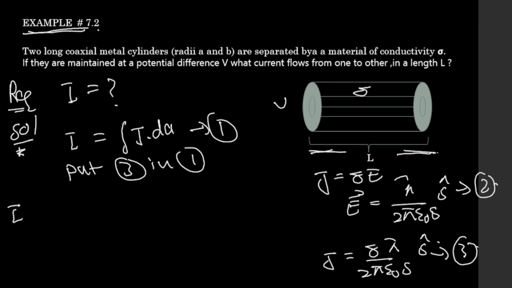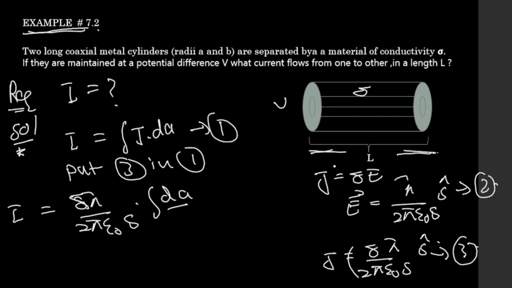So we will get I equals, where the constant comes outside of the integral, sigma times lambda divided by 2 pi epsilon naught S, and the integral will only apply on dA, which is the surface area of a cylinder.